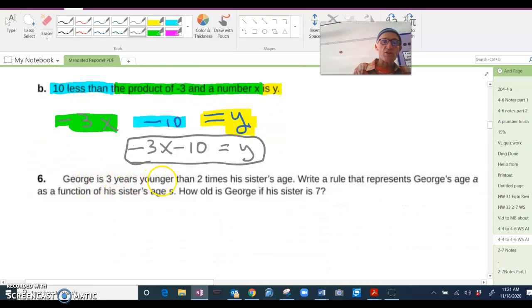Number 6, George is 3 years younger than 2 times his sister. So G equals 3 years younger than 2 times his sister. So it's 2 times his S, we'll take sister's age S, right, minus 3. 3 years younger.